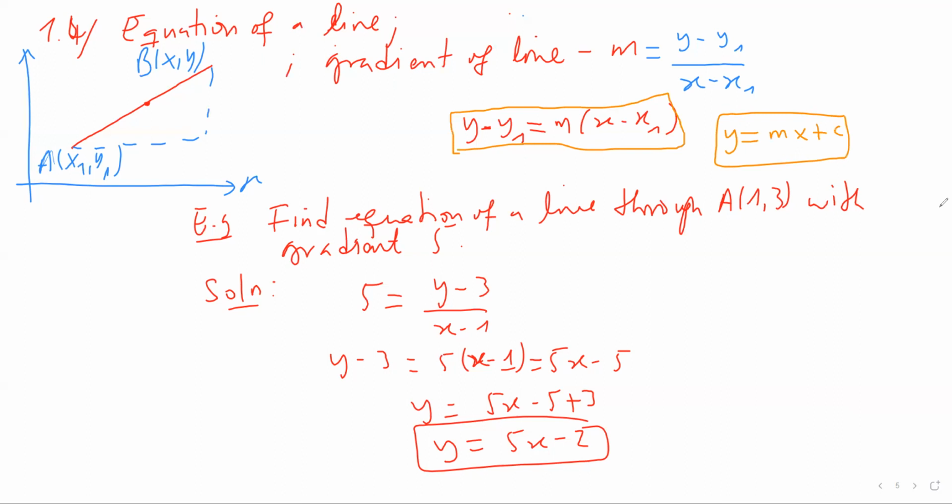So if you write your gradient, which is 5, is equal to the change of y from 3 and x from 1, you'll be able to do a change of subject and substitution and derive finally that y is equal to 5x minus 2.